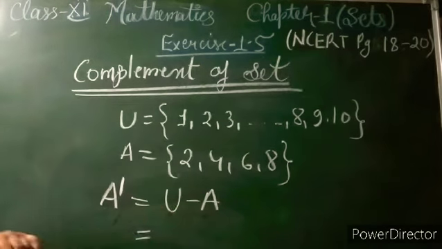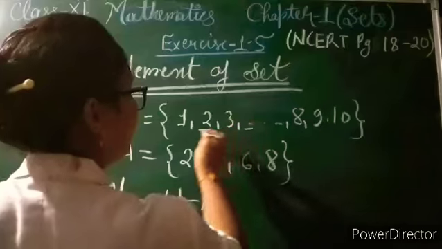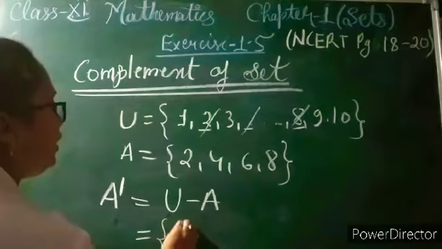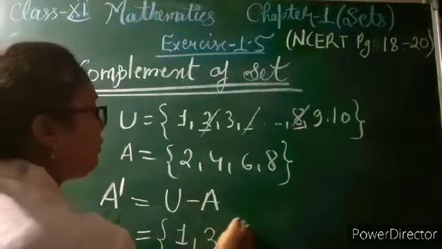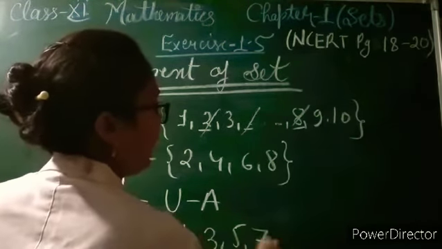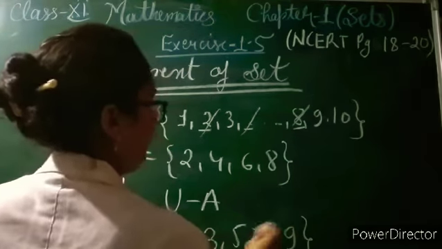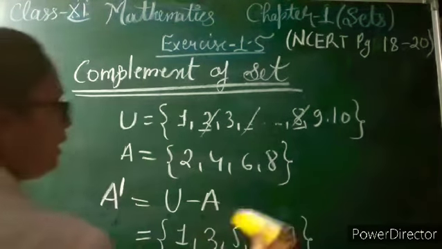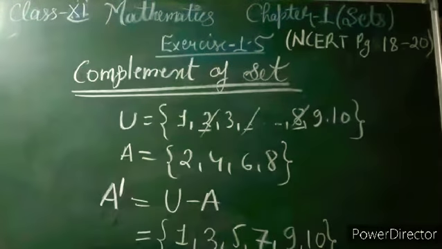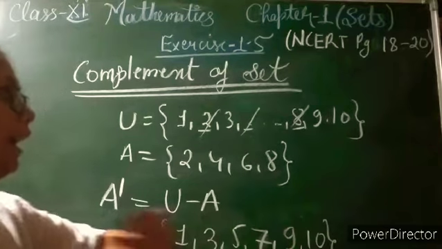You see 2, 4, 6, 8, we cut here and we take only 1, 3, 5, 7 and 9, and 10 also. So the complement of the set is 1, 3, 5, 7, 9 and 10.